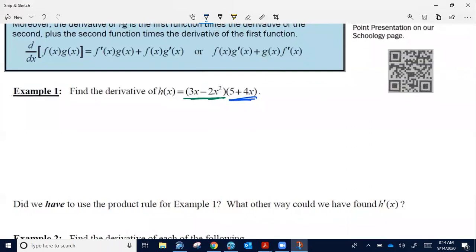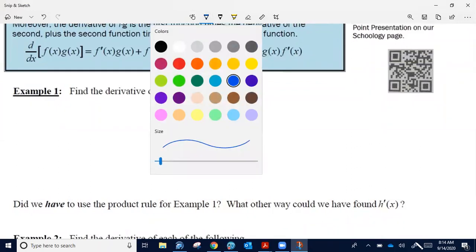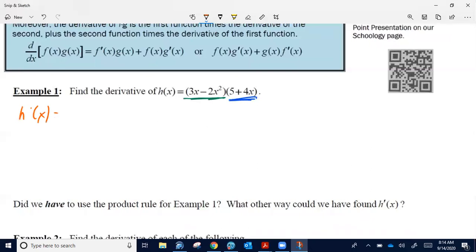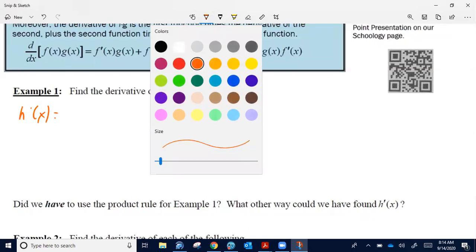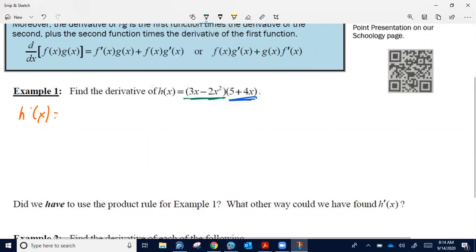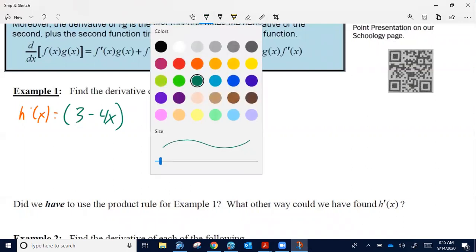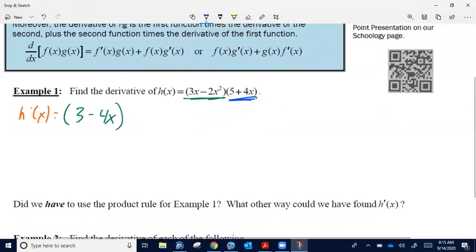To do that again, it's going to end up being h prime equals the derivative of the first part. So the derivative of 3x minus 2x squared is 3 minus 4x times the second part unchanged, which is 5 plus 4x, and then it's always a plus the derivative of the second part.